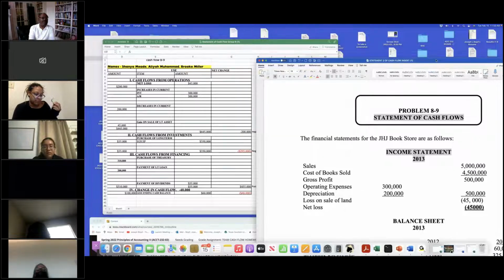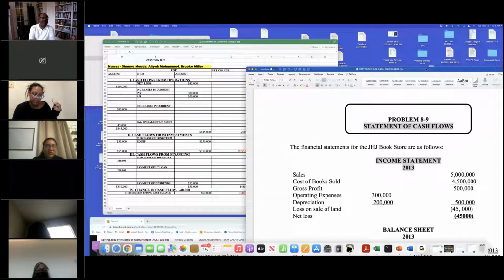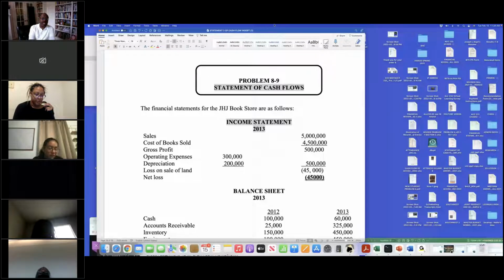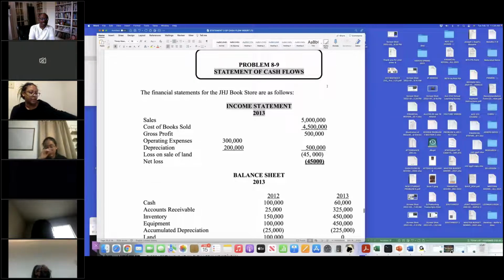Can you move the sheet back down? Now I want you to tell me what you're gonna do. Your next thing should be accounts receivable, and then you're gonna subtract. You're gonna find the difference between 2012 and 2013, and it's gonna be an increase of 300,000.